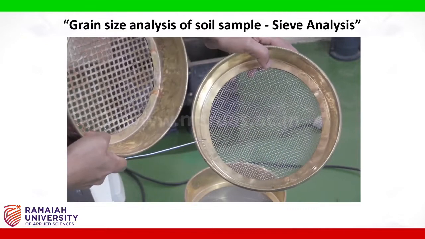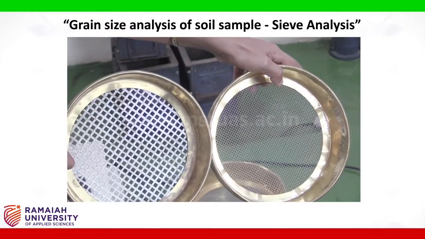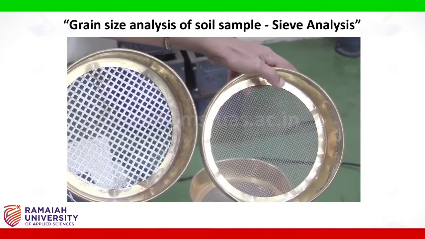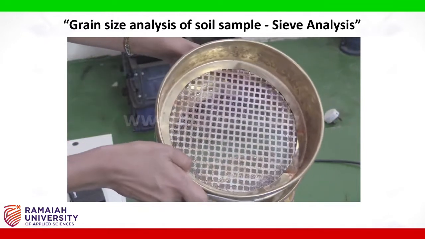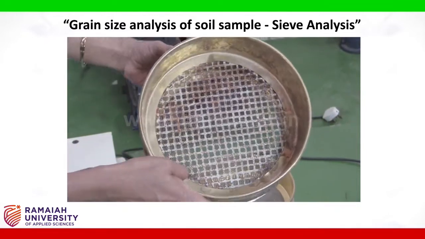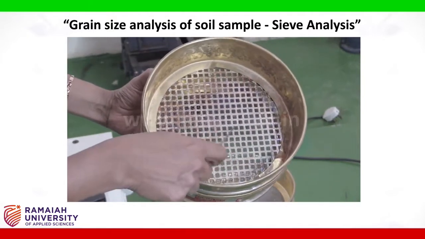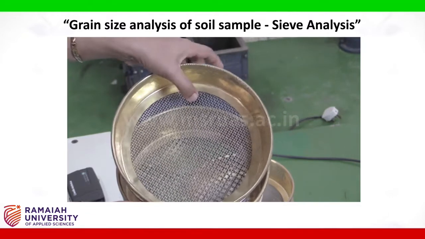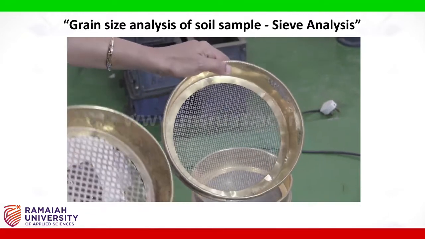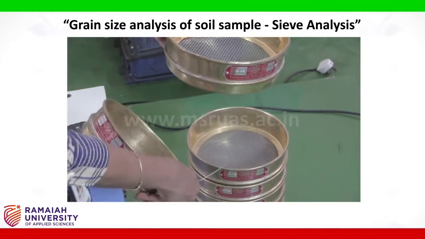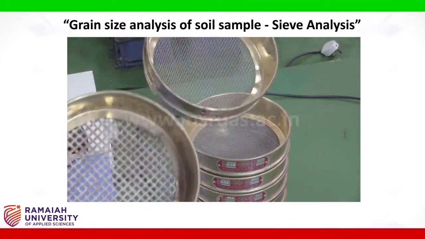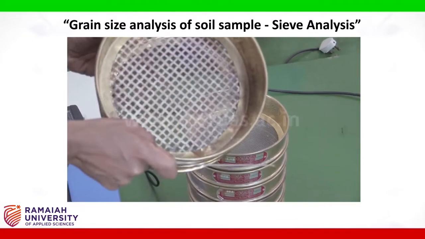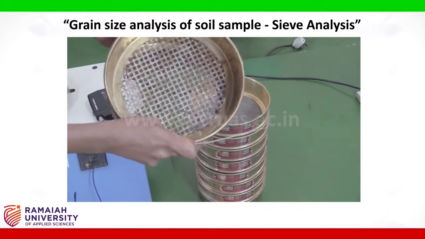This 2.36 sieve is smaller than the 4.75 mm sieve, and those soil particles whose size is less than 4.75 mm will pass through this and move to this 2.36. If the soil sample is smaller than this 2.36, it will move on to the next sieve and the process continues until the last sieve is passed.